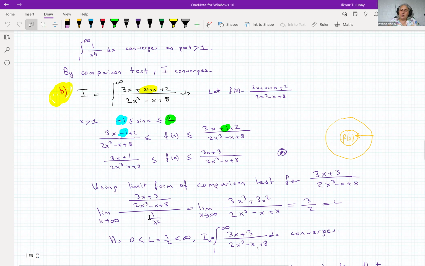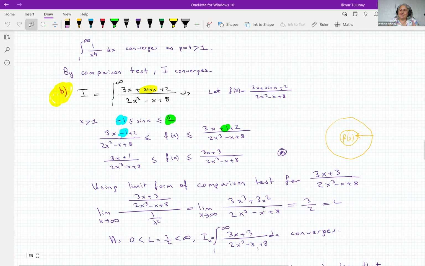So the integral corresponding to this function will be converging. So if we find a limit, then this has to converge, right? The limit, just the x squared will be multiplied by that. I have a polynomial of degree 3 and a polynomial of degree 3. So this is why I choose 1 over x squared.